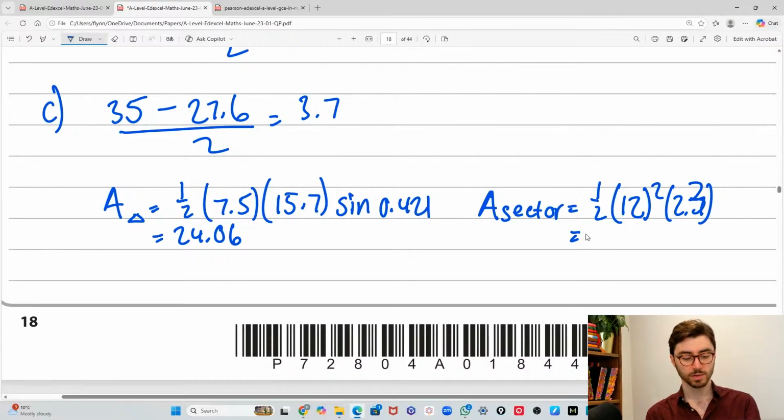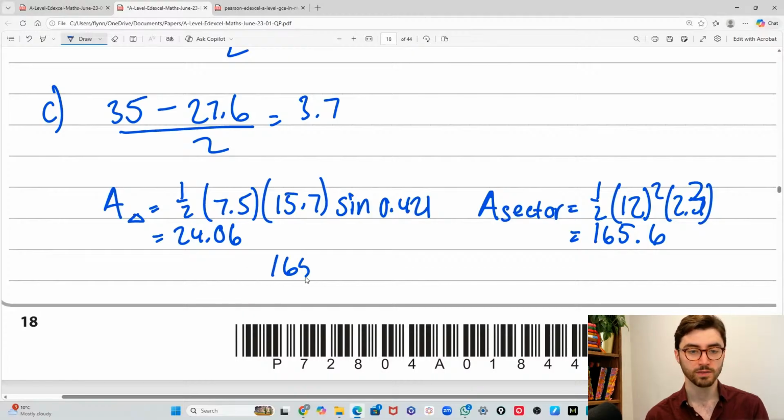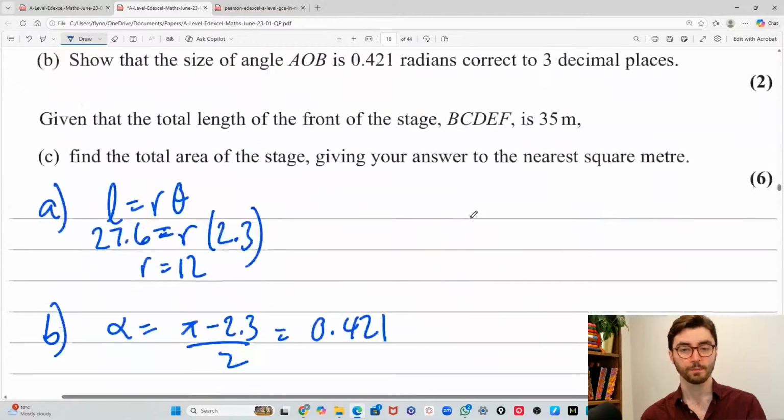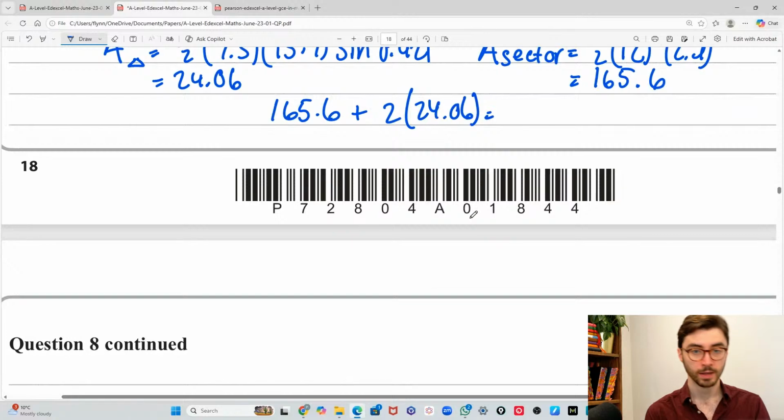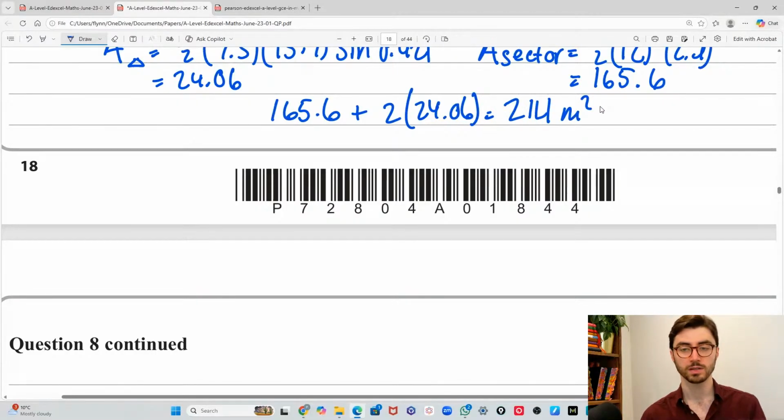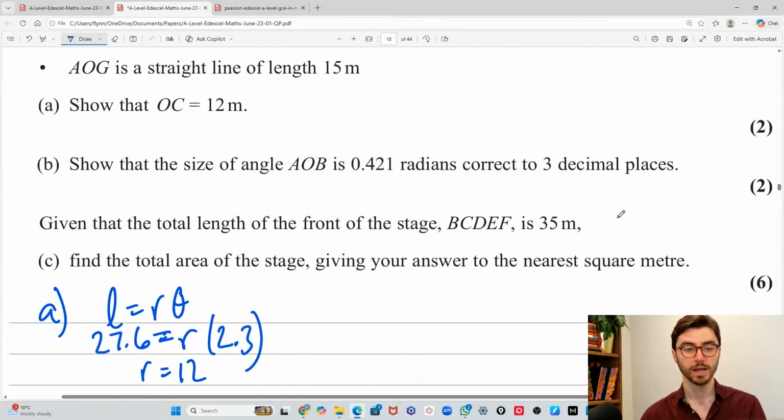So 1/2 times 12 squared times 2.3 is 165.6, which means the total area is 165.6 plus twice the 24.06, which gives me 214 meters squared to the nearest meter squared. Okay, nothing too bad.